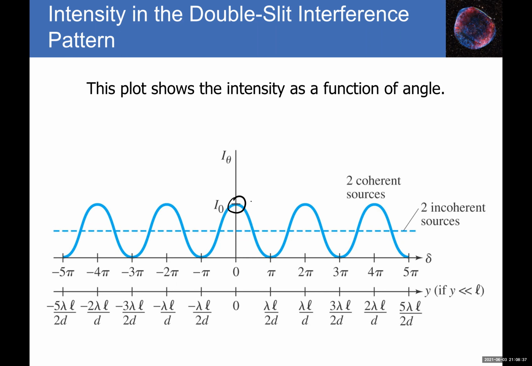I naught. And this intensity pattern assumes that most of the maxima are going to be the same intensity as the central one. For the double slit, at least for some of the nearby patterns, that could be true, with the central one being a little brighter than the other ones.